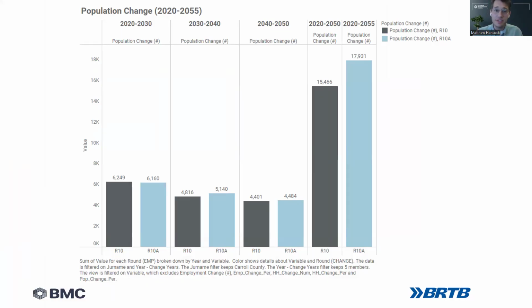Moderated growth, as we're seeing here, compared to round 10, slightly lower in 2020 to 2030, outpacing growth in round 10 in 2030 to 2040, and then still slightly outpacing in that 2040 to 2050, but again, relatively similar, with overall growth expected to be about the same in that period.